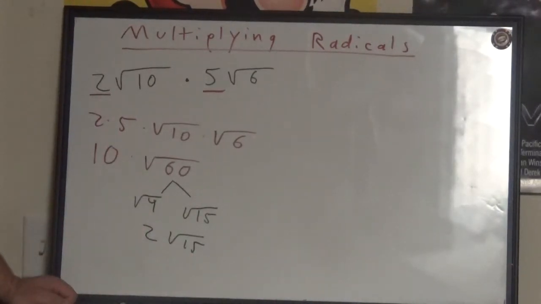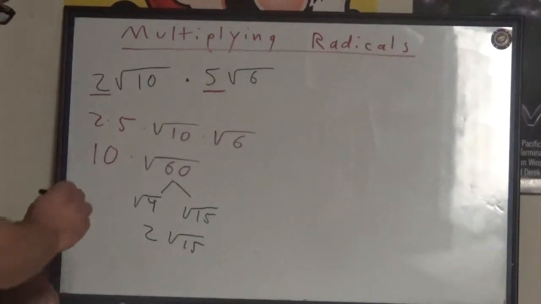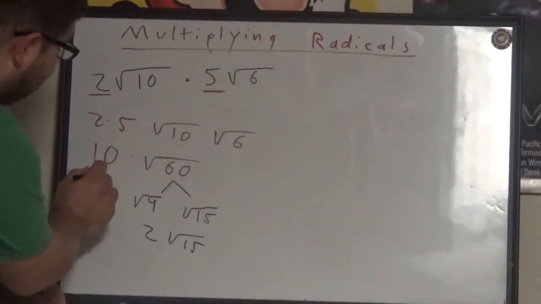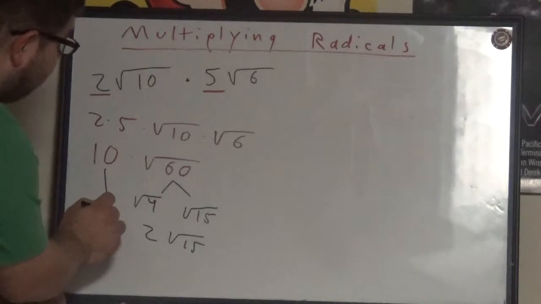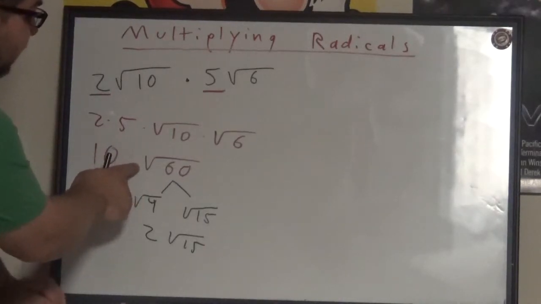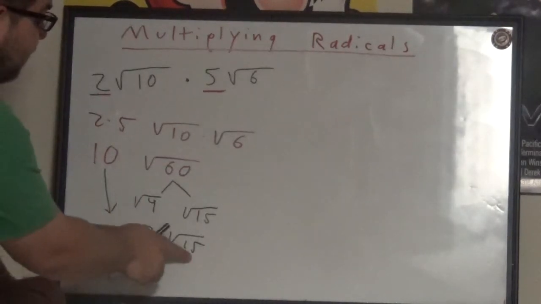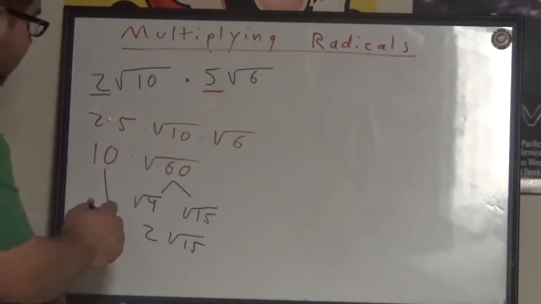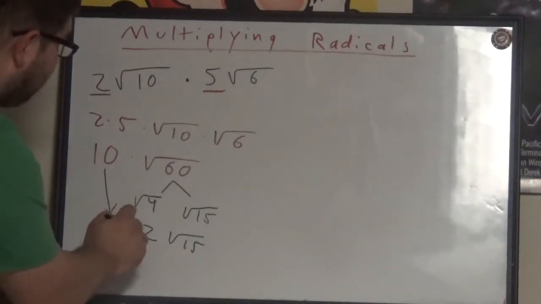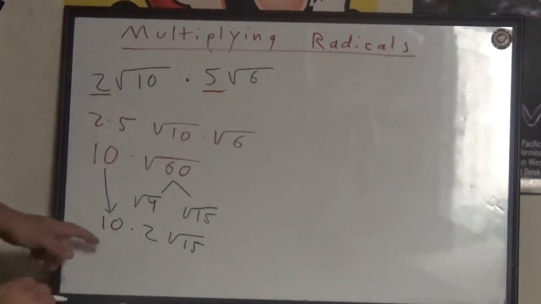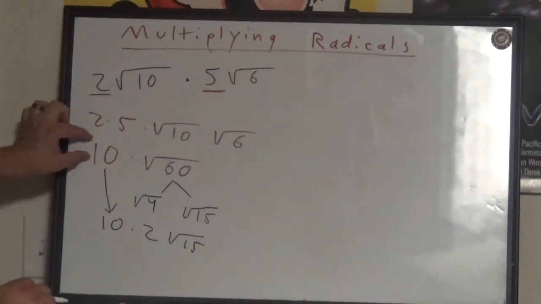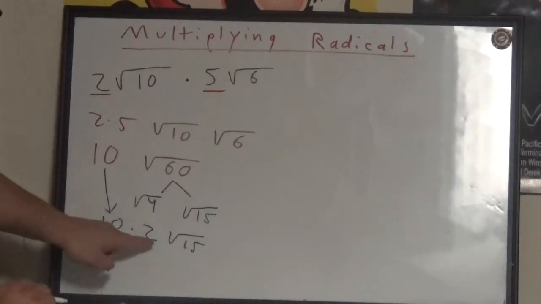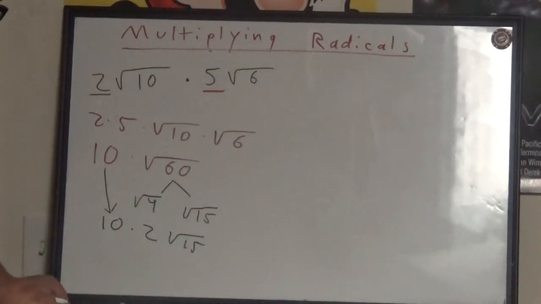We're not done, though, because we have this guy, 10. Now remember, that 10 was unaffected. When we changed the square root of 60, all we did was simplify that number. We didn't affect the 10, so that's still part of our problem. So we're going to take the 10 that we already had, multiply it by 2.